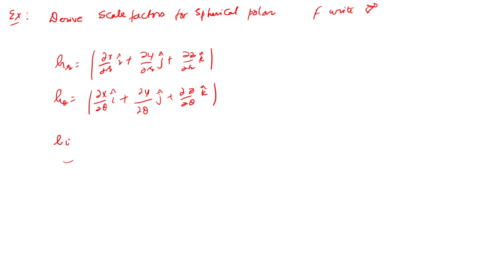And similarly, h phi would be the same thing. And we know what x and y look like as a function of theta and phi: x is equal to r sine theta cosine phi, y is equal to r sine theta sine phi, and z is equal to r cosine theta.